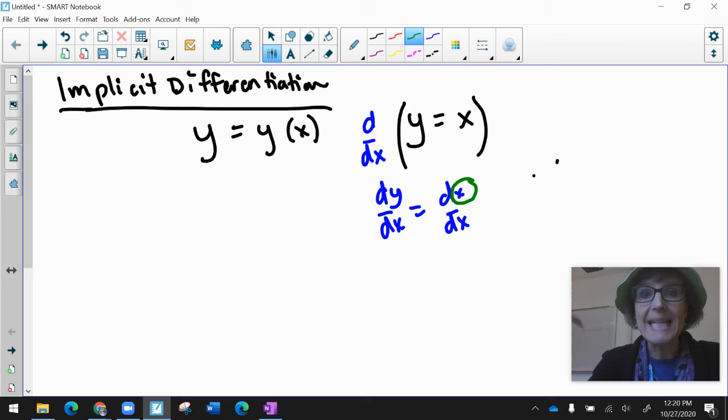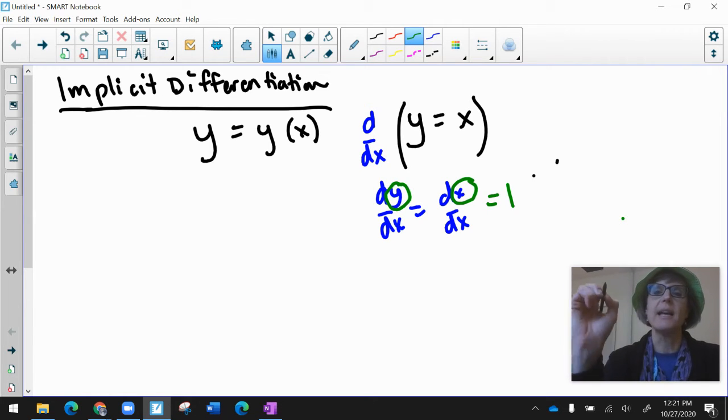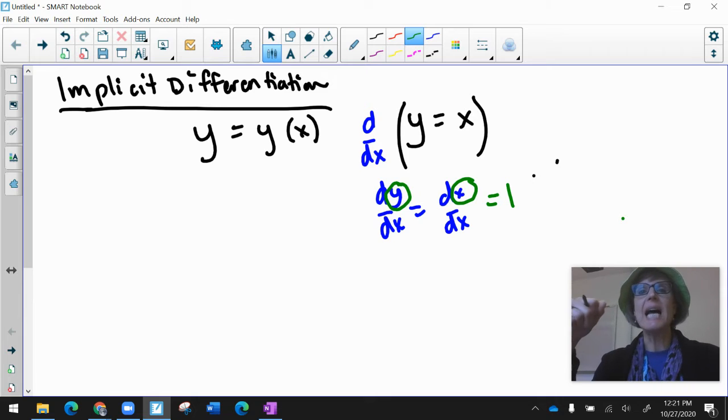I can take the derivative because it's an explicit expression in terms of x, and that's going to be 1.